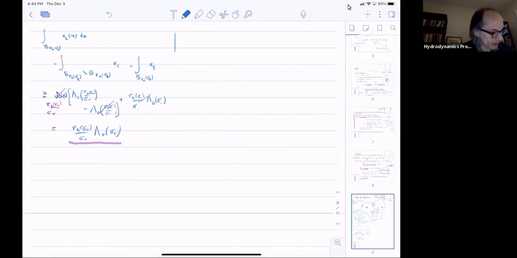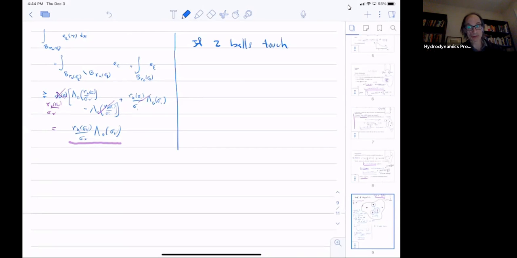If 2 balls collide, touch, I stop, I freeze sigma for a moment, and then just combine them into a larger ball whose radius is the sum of those 2 balls.